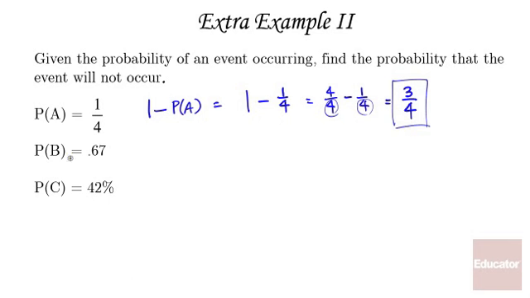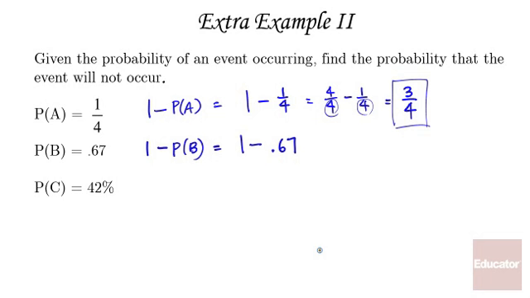Okay, here, so decimal 0.67. Again, 1 minus the probability of it occurring would be 1 minus 0.67. So again, if this is $1 minus 67 cents, what do you have left?